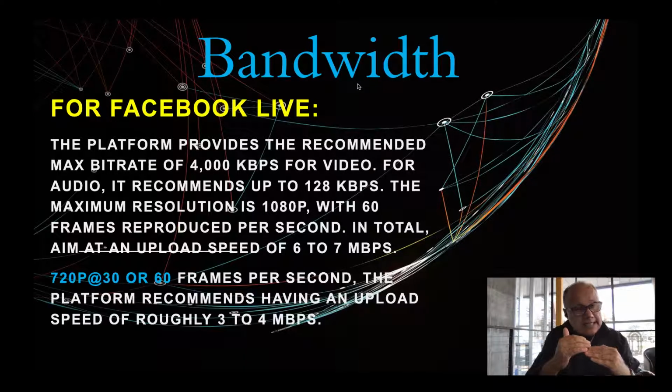The reason is that I know that with a lot of internet service providers, ISPs, the signal fluctuates. If it fluctuates, I want to make sure that I have enough headroom so that it doesn't drop below 4 megabits per second, because once it drops below 4 megabits per second, that's when the video starts getting choppy.